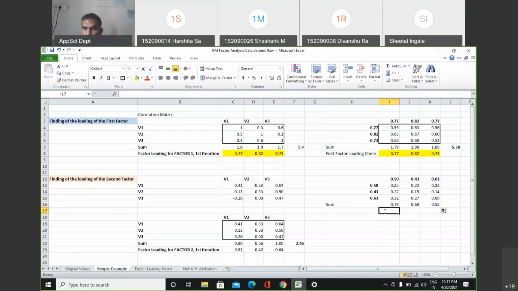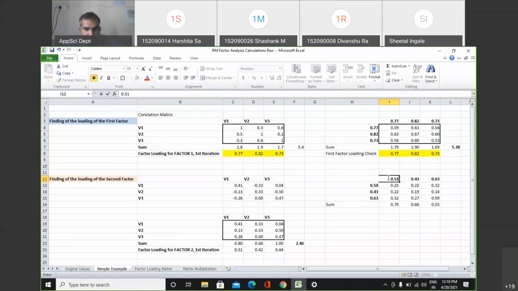Then the loading check. Sir, there are again different values, like in place of 0.51, it's 0.50. So this is 0.51.